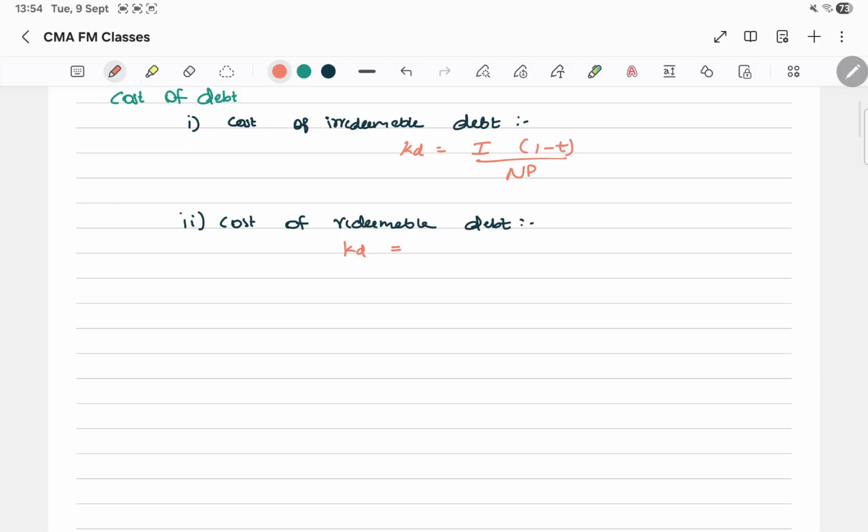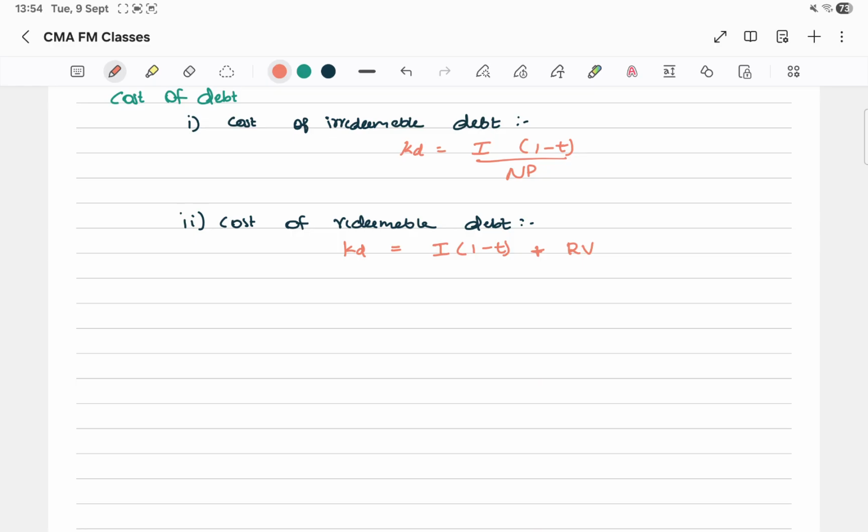Cost of debt is equal to interest into 1 minus tax plus redeemable value. I will be writing it as RV. I think your textbooks also give RV only. So it is redeemable value.